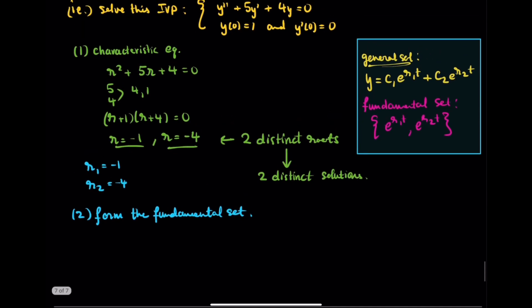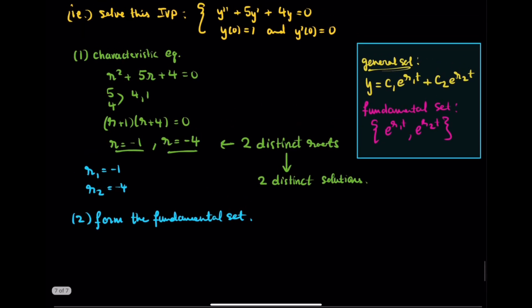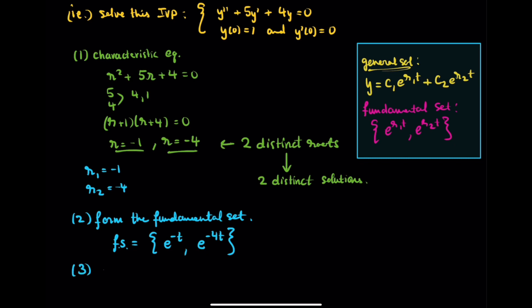In order to form the fundamental set, I'll say Fs, which is short for fundamental set. Fs is e^(r1 t), so e to the minus t, and e to the minus 4t. This is your fundamental set, and from here you make the general solution.